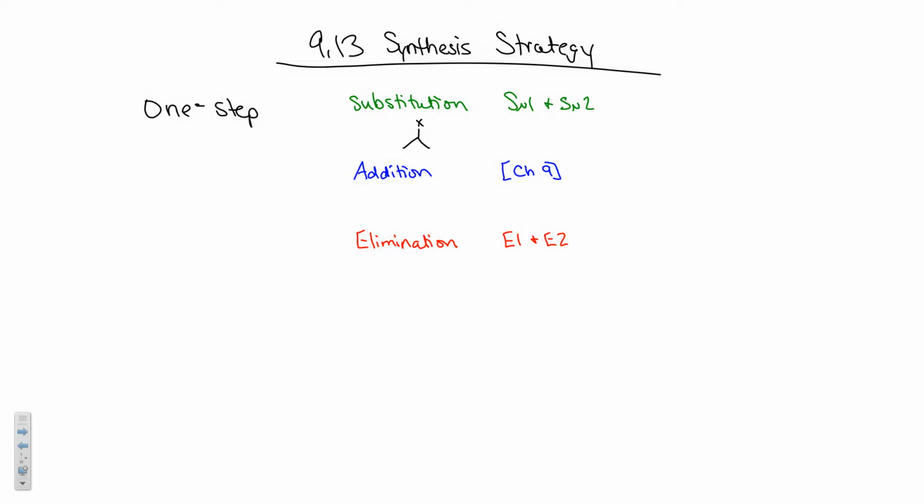So substitution, we're switching out our functional groups. So we're swapping X for Y. For addition, we're adding something across our double bond.